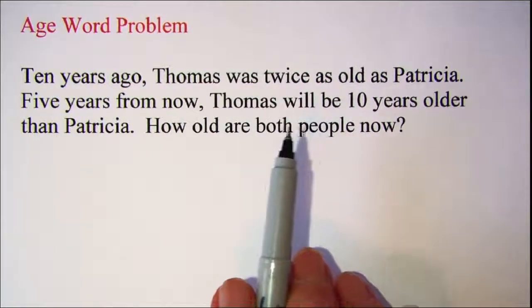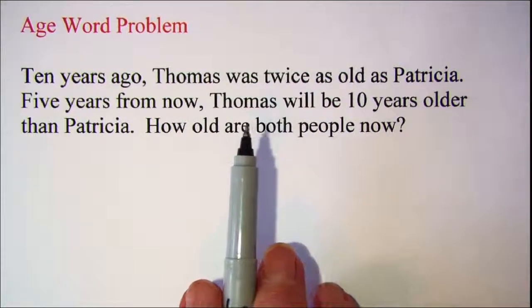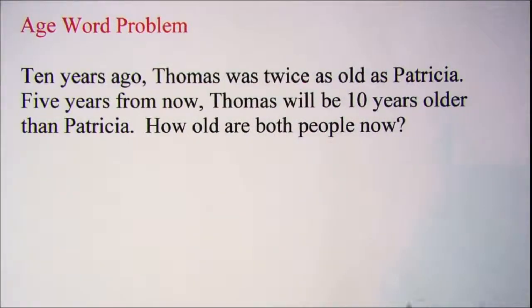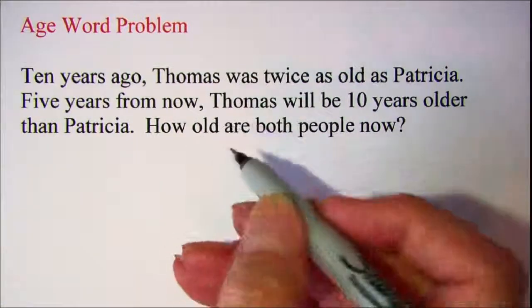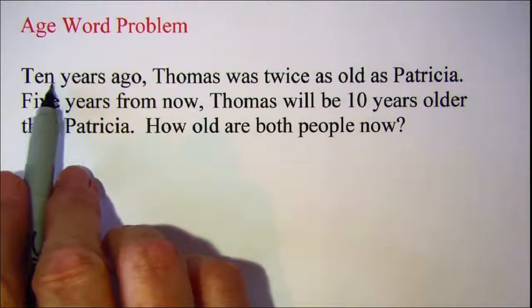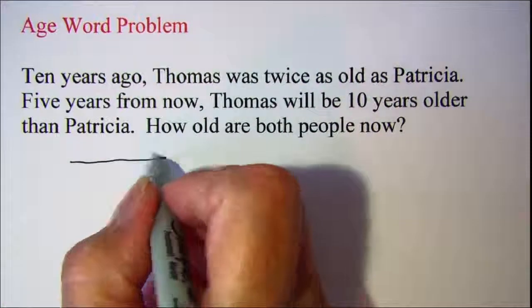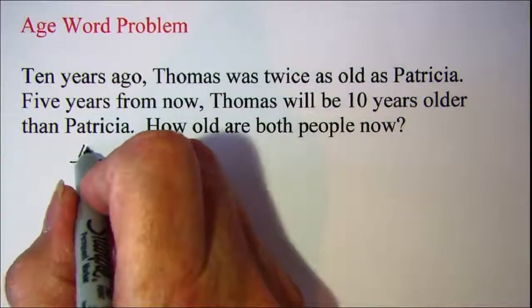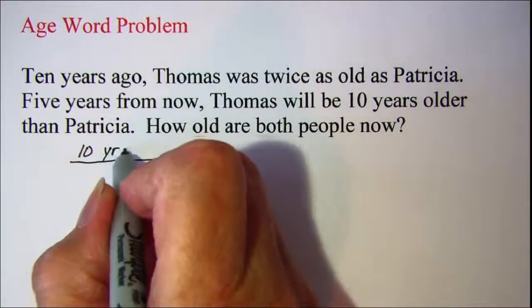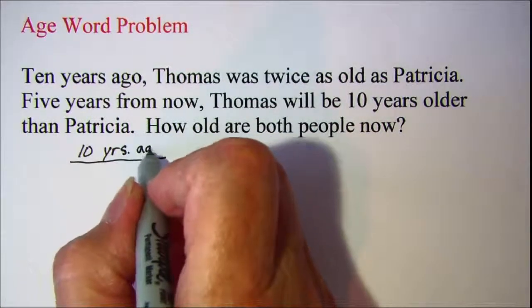Now, to organize my information and to establish the variables, I'm going to make a chart. I'm dealing with ages 10 years ago, so I'm going to put a column 10 years ago.